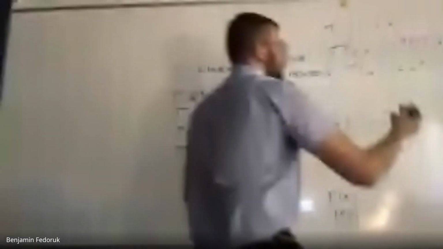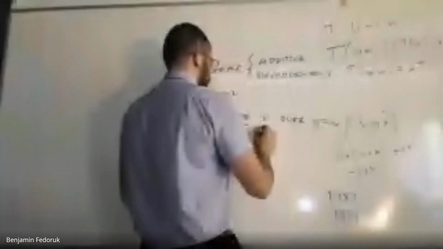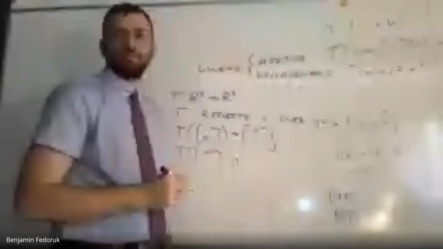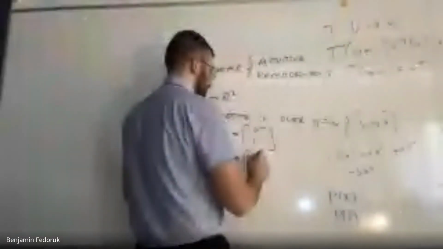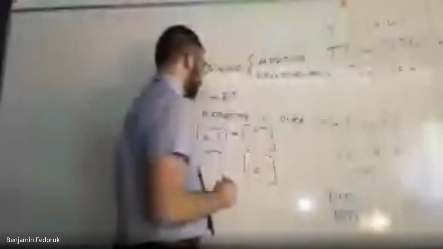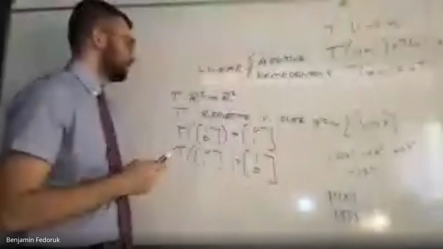Maybe I should draw it. If it's getting flipped over this axis, it's going to end up straight up. So it becomes 0, 1. And then what happens to 0, 1? Yep, 1, 0. Cool. So that's what we have.